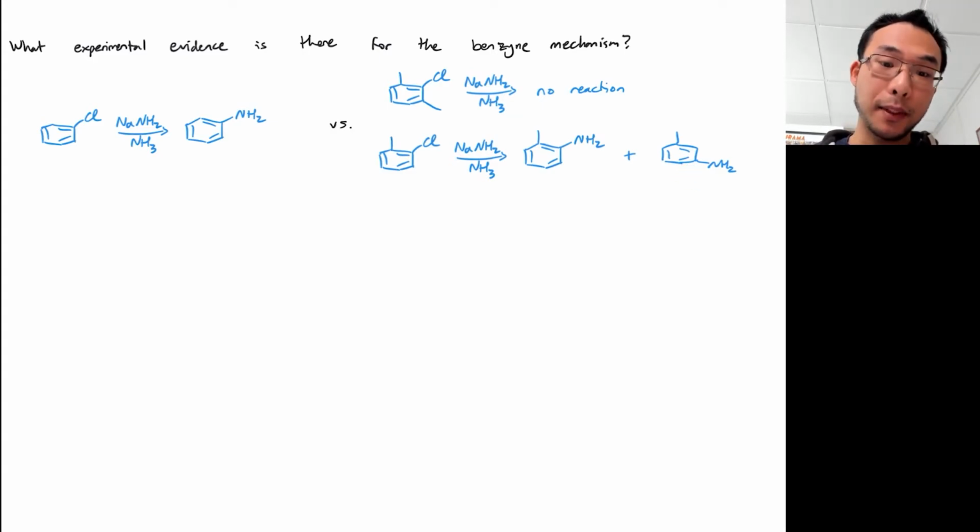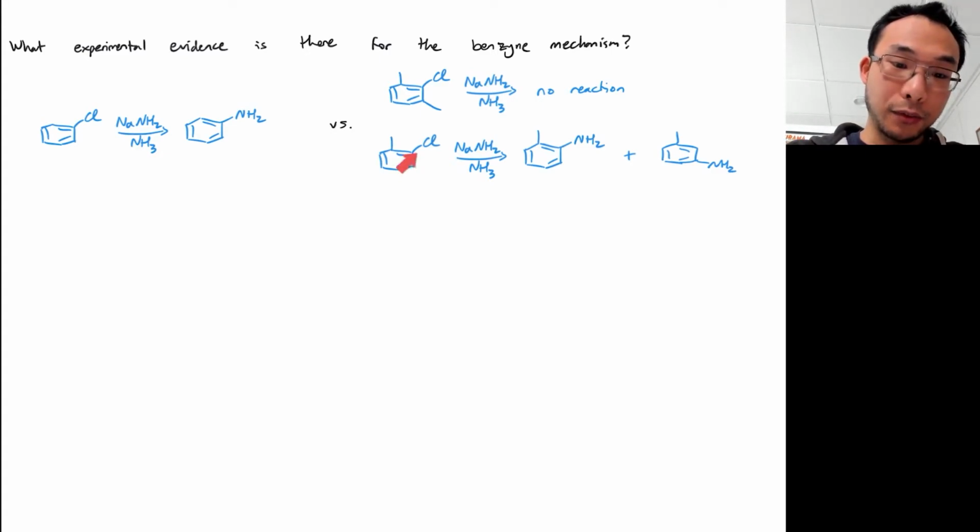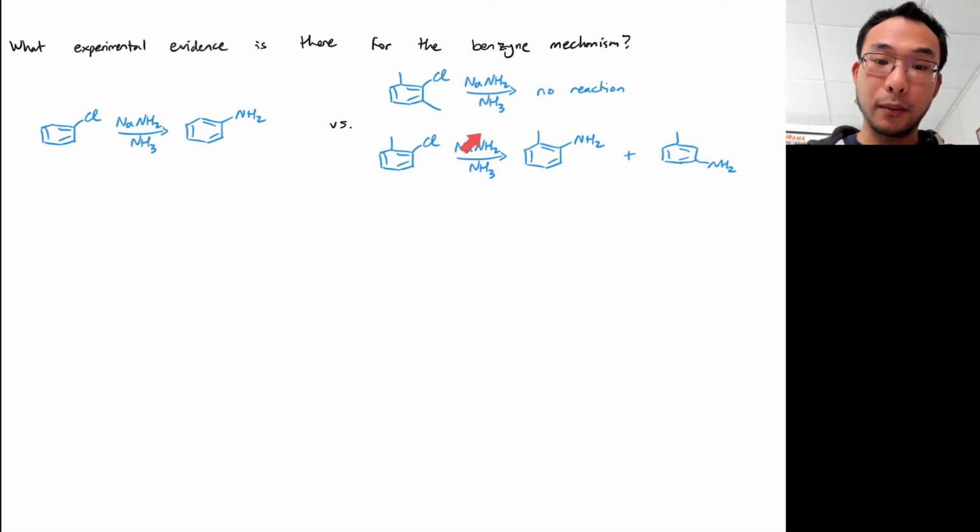And the reason that happens is because we are going through an intermediate that has electrophilicity on both atoms, right? Because when we make a benzyne, we are creating a new pi bond that's electrophilic, and either of those reaction sites could be used when colliding with sodium amide, and so either of those products could be formed. And so taken together, these two pieces of experimental data provide pretty strong evidence for the benzyne mechanism taking place.